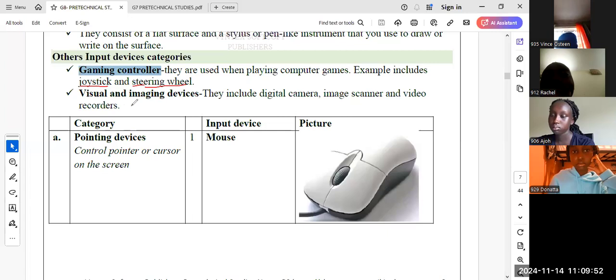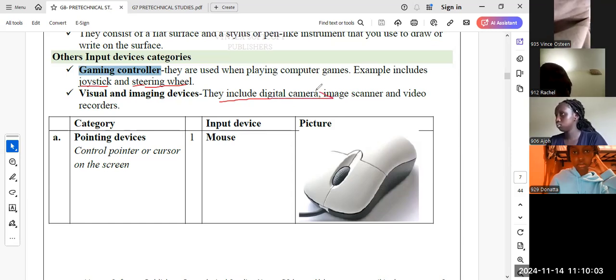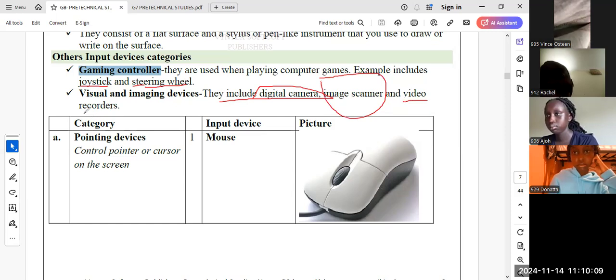Then we have visual and imaging devices. Visual to mean eyesight, imaging to mean picture. They include the digital camera, image scanners, and the video recorder, what we normally call the camcorders.